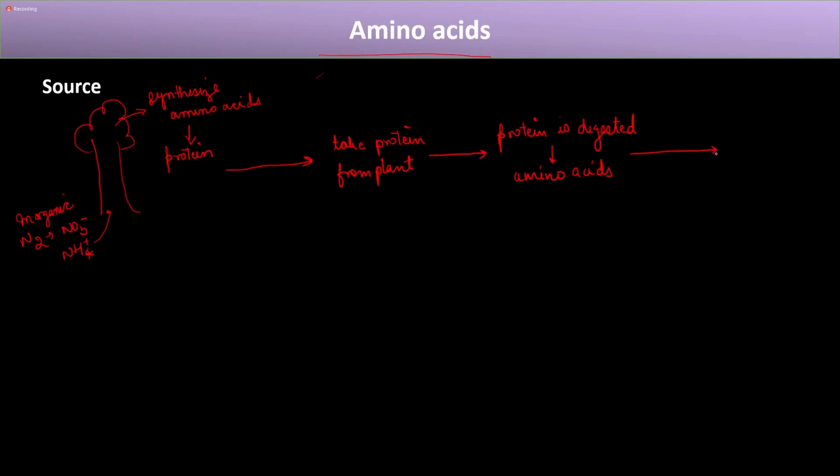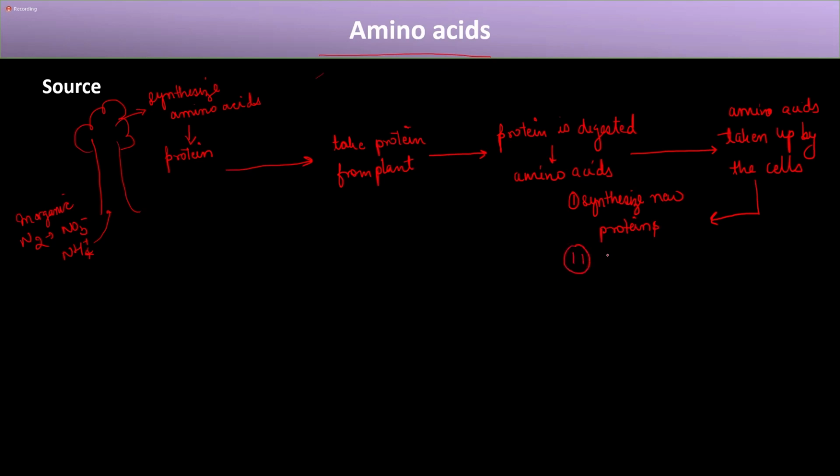These amino acids are now taken up by the cells. And what do the cells do? The cell utilizes these amino acids to synthesize new proteins, or secondly, to synthesize new amino acids.